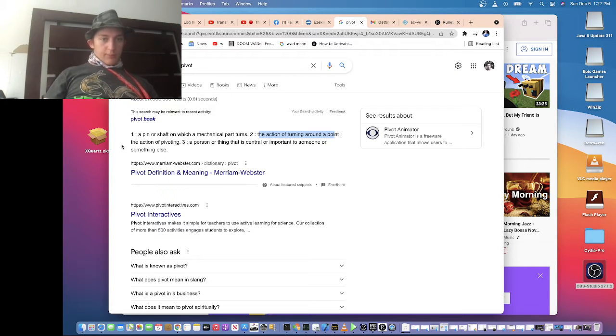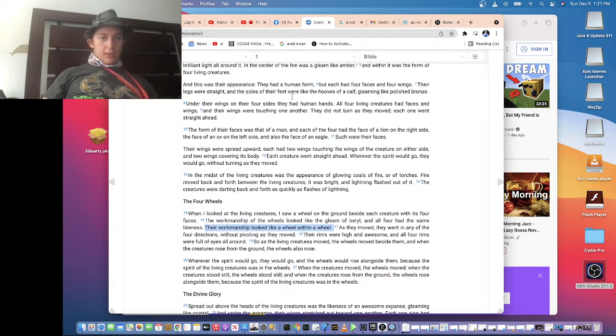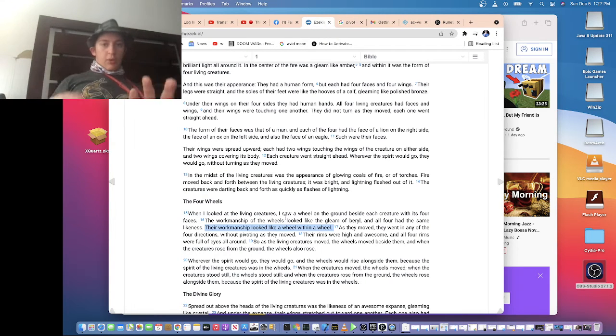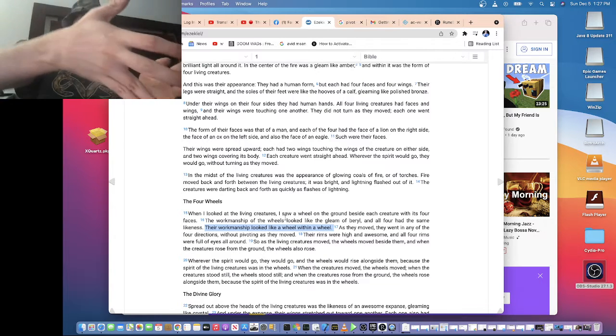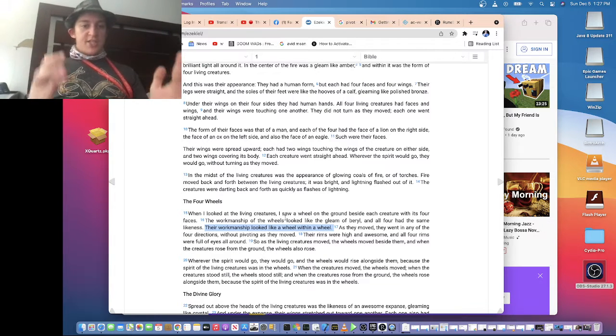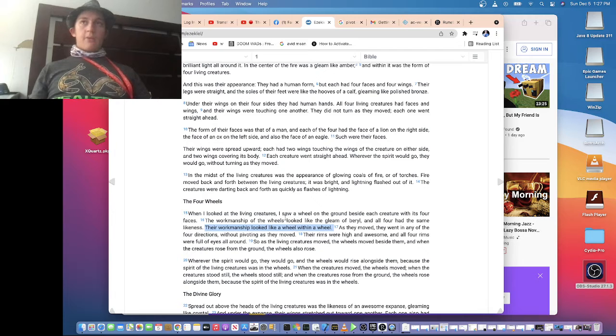Alright, pivoting. What this means is that when the wheel turns, it does not pivot. It stays the same. Now, it does turn, but it doesn't pivot.